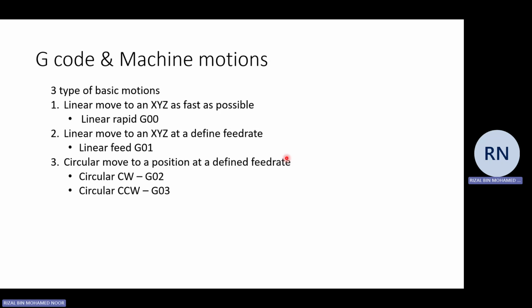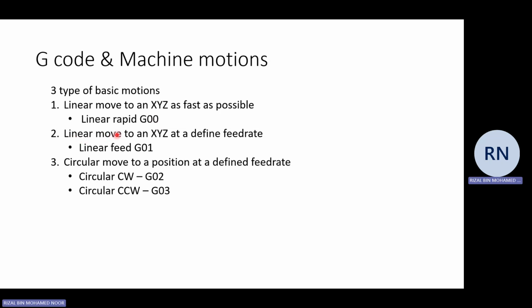For the G-code motion, we have three types of basic motion. First, a linear rapid motion, G00, for X, Y, and Z as fast as possible. This is used specifically for positioning our tool close to your piece.